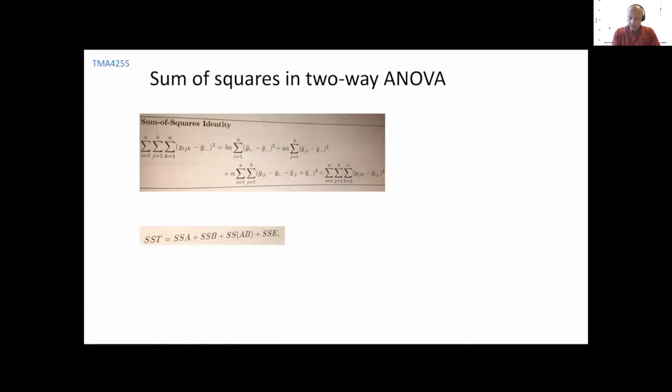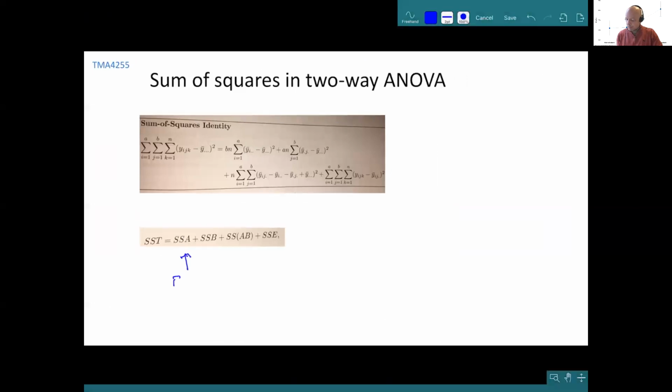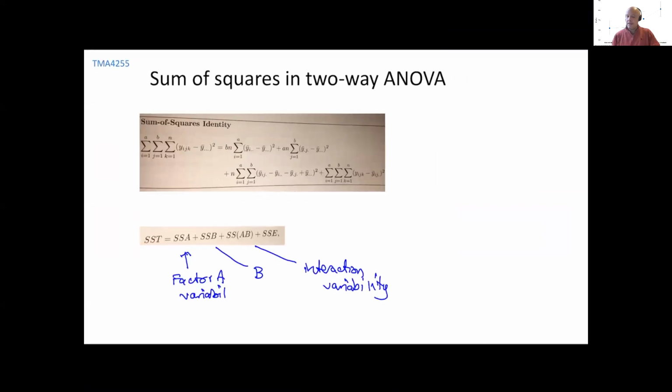Okay, so now we have again a sum of squares, just like in any other ANOVA or analysis of variance exercise. We split it into a factor A variability, B variability, and then this is the interaction variability. And this interaction variability is often something we want to test here to see if it's significant.